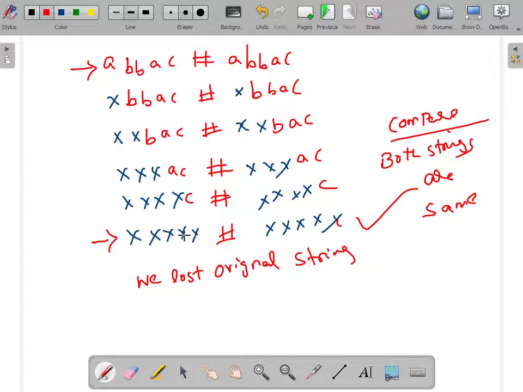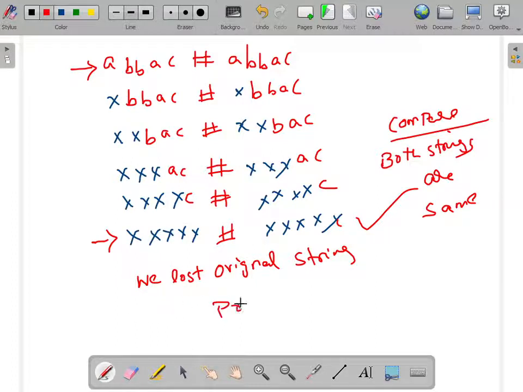This is very important. We lost the original string. This is a very big disadvantage, and we raised the problem here.